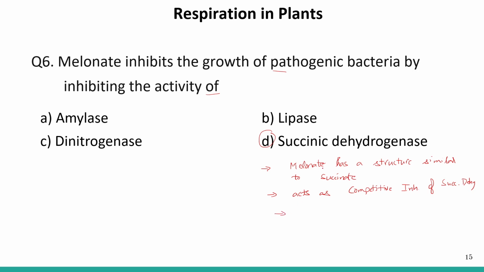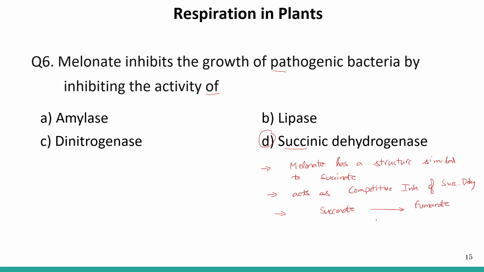It competes with succinate to bind to the active site of succinate dehydrogenase. What is the role of succinate dehydrogenase? In the Krebs cycle, it converts succinate into fumarate.